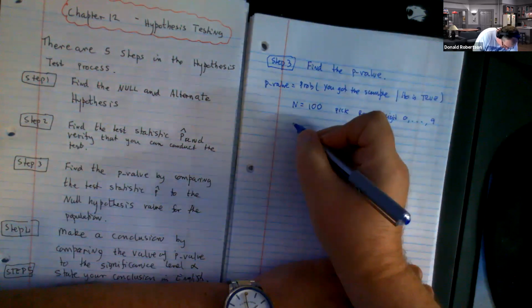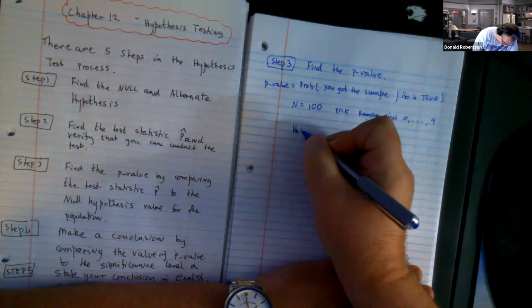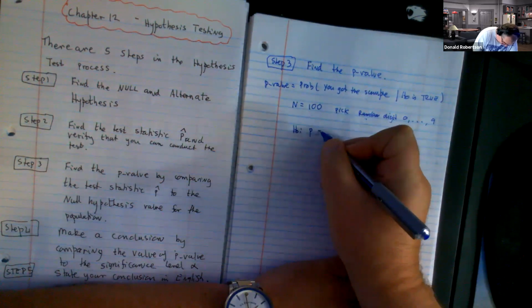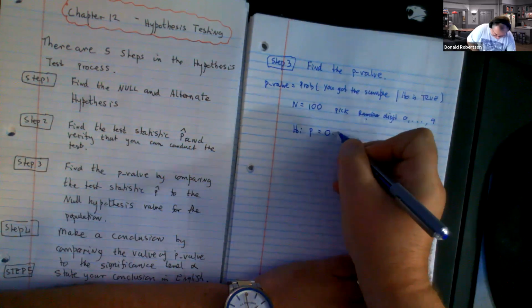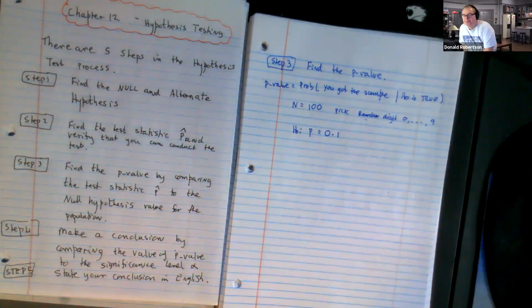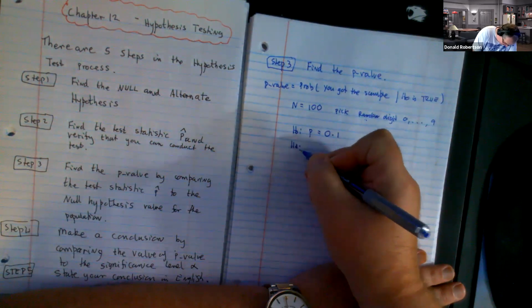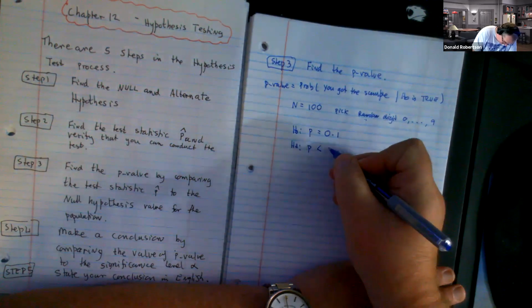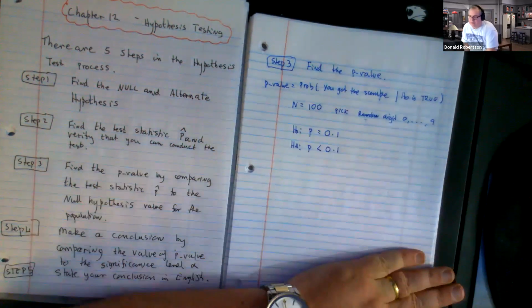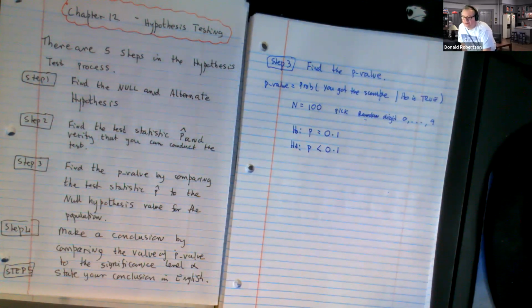And our null hypothesis is 0.1. In other words, the probability that you choose a 0 is 1/10, right? And our alternate is, can we prove that it is less than 0.1? Okay, so that's us done step 1.